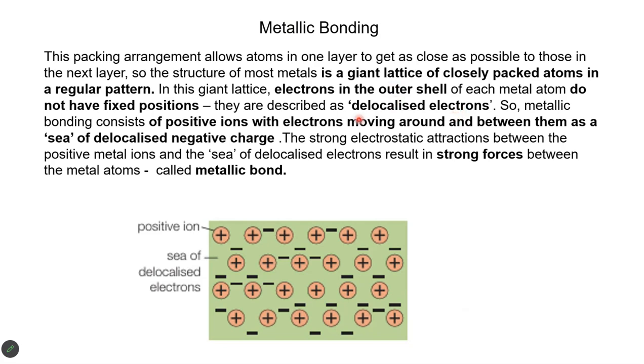So a metallic bond consists of positive ions of metals and electrons moving around and between them as a sea of delocalized electrons. And therefore, we have a strong force between the metal atoms, and we call that metallic bond.